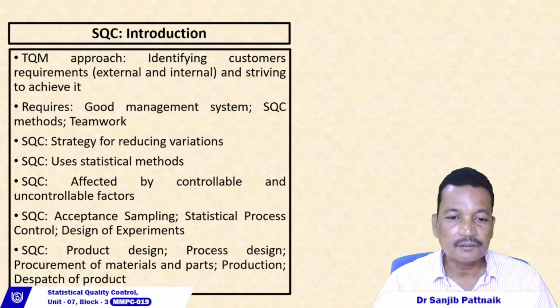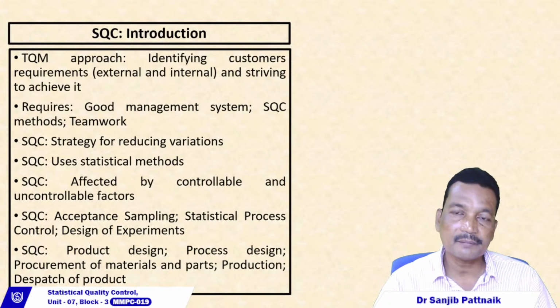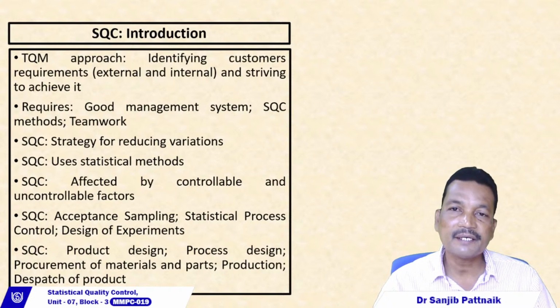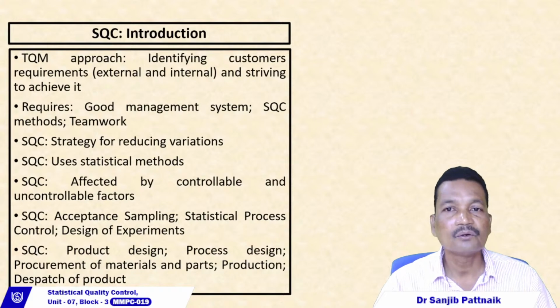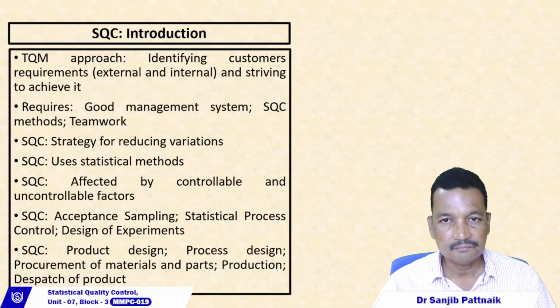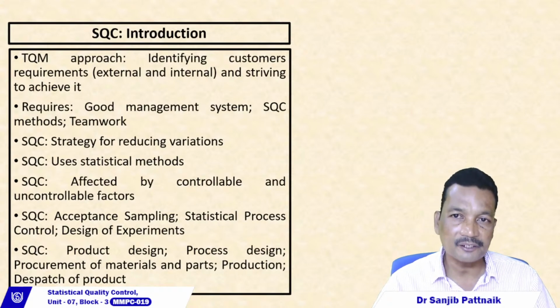Then we look at the process design. Now the whole processing can be divided into various segments where the items may be processed from one segment and passed on to the other segment. So here, whether the process is capable of maintaining the quality of the product or services that we are producing.